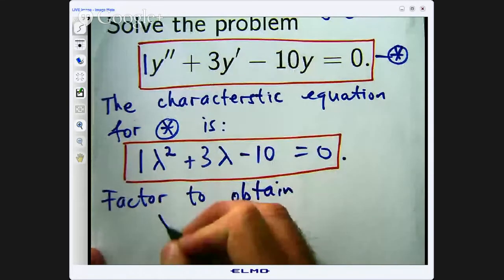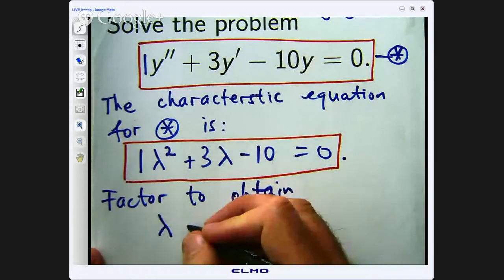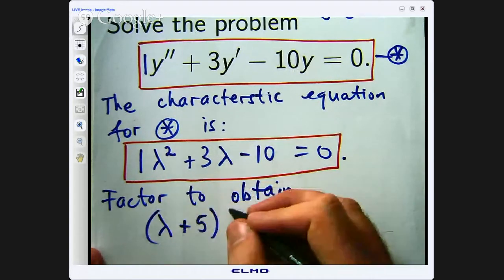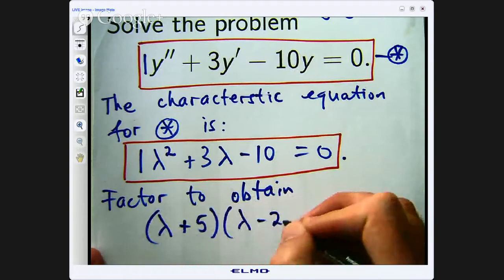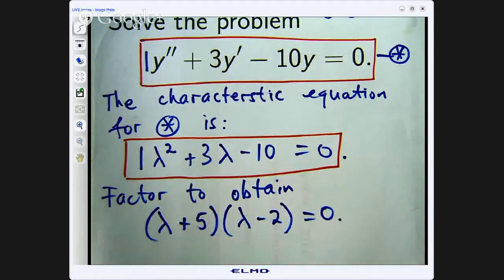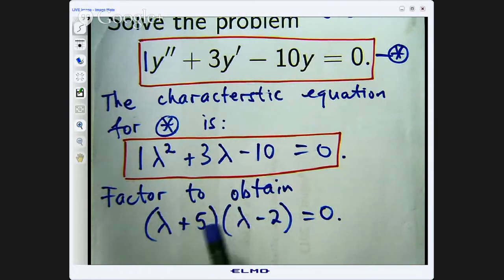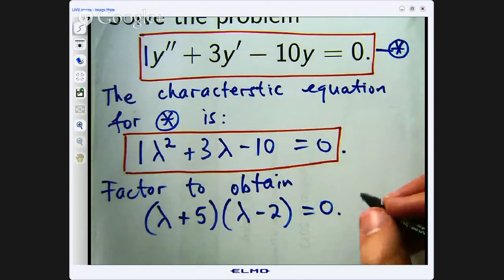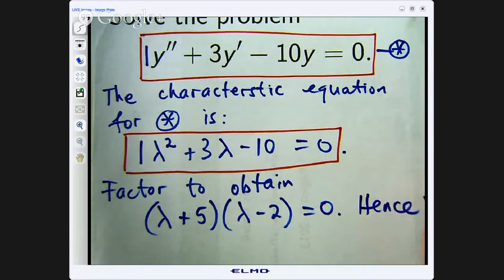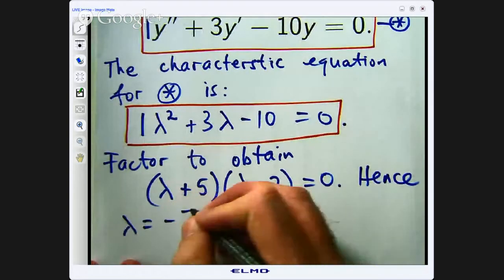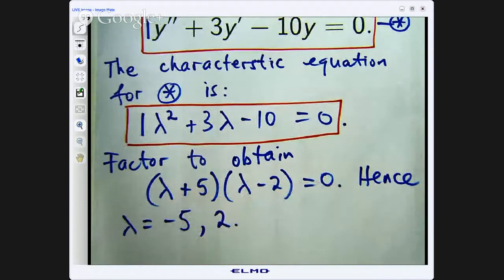So lambda plus 5 and lambda minus 2 are going to be your factors. We know that if the product of two things is 0, then this is 0 or this is 0. So lambda will equal negative 5 or 2.